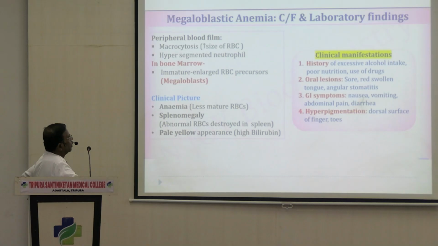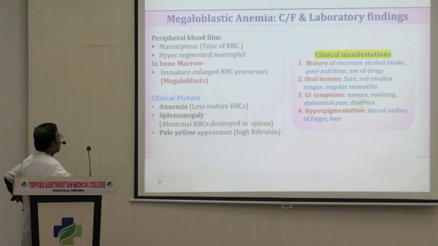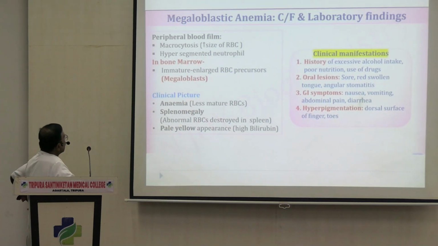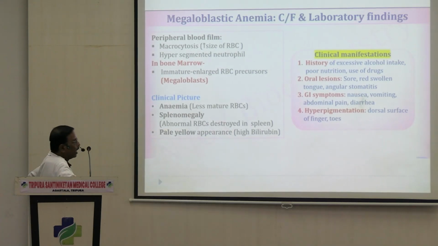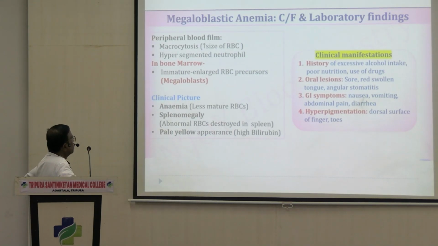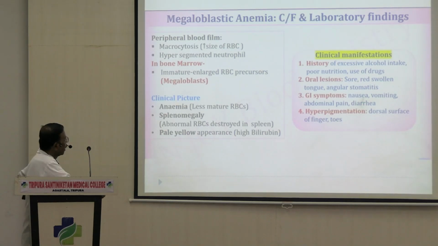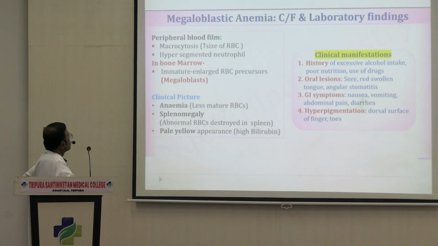In case of anemia due to folic acid deficiency, there will be macrocytosis, that is increased size of RBC, then hypersegmented neutrophils will be there. In bone marrow, immature large RBC precursor cells or megaloblasts will be there.